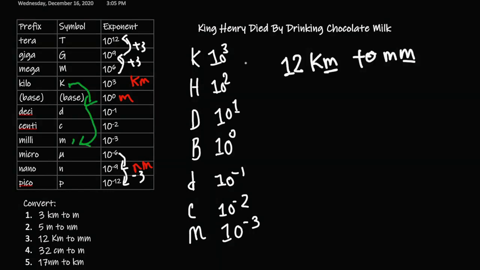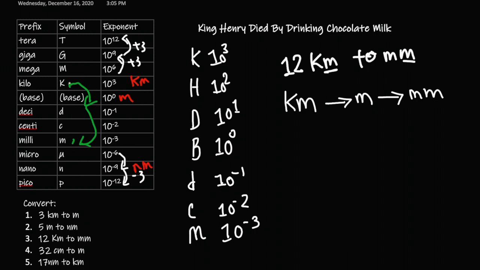So for number 3, we have to convert from kilometers to millimeter. So first of all, we have to change kilometer to meter, and then from meter we have to go to millimeter. So if you look at the chart in here, we have here kilometers, and from kilometers we have to go to millimeter, which is right here.